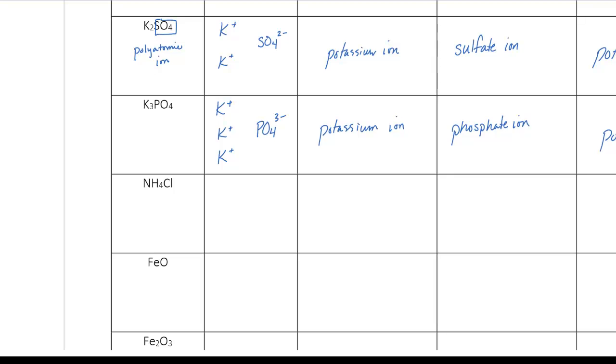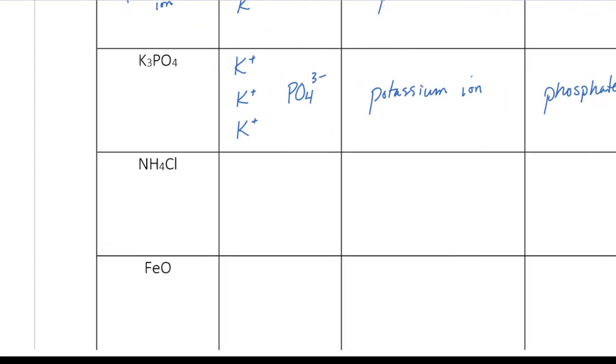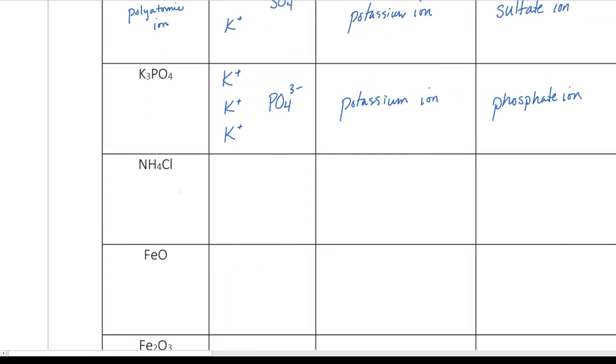The next one is a little bit unusual in that it involves the only positively charged polyatomic ion that we're going to commonly use. And so this is known as ammonium. Now, notice that this is different from ammonia. Ammonia is related to it, but it has the formula of NH3 and does not have a charge.